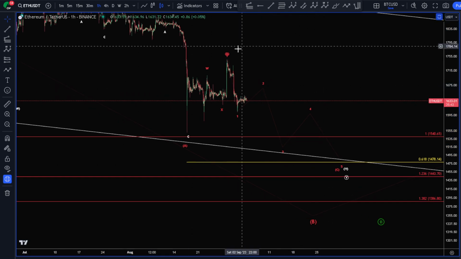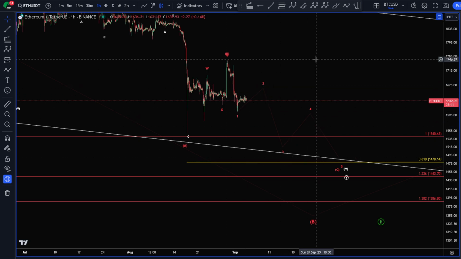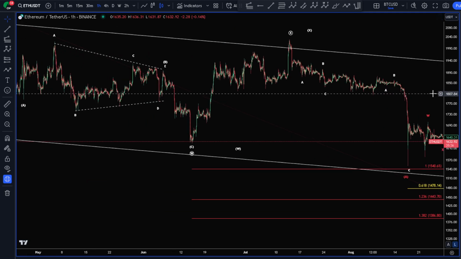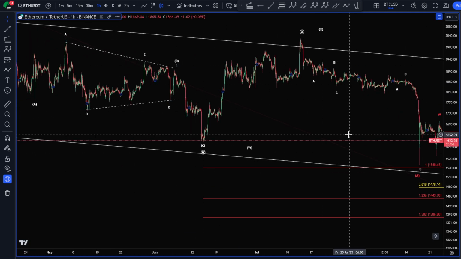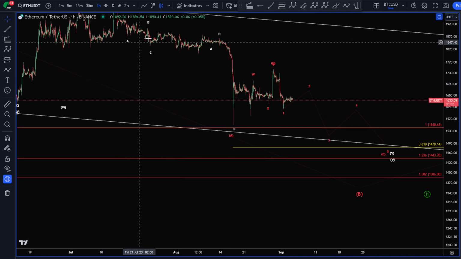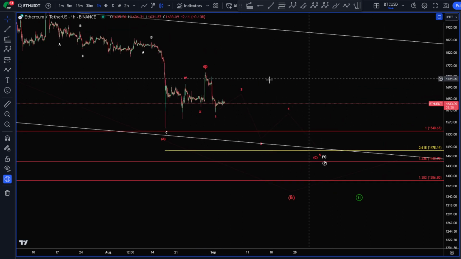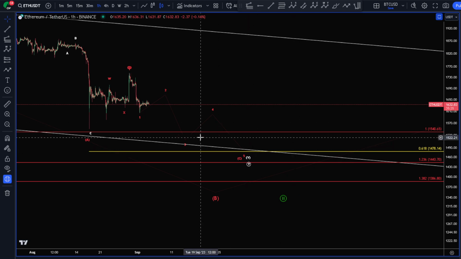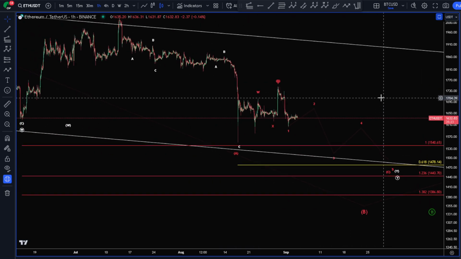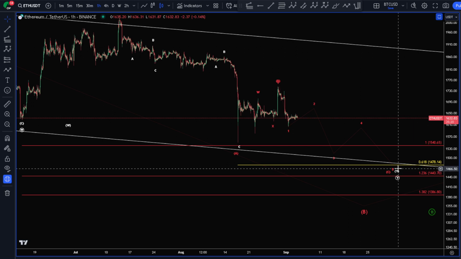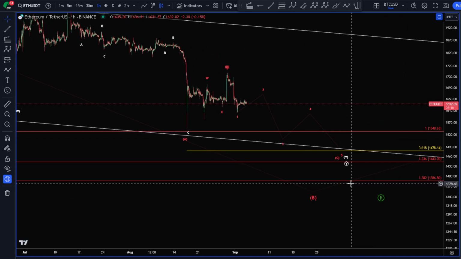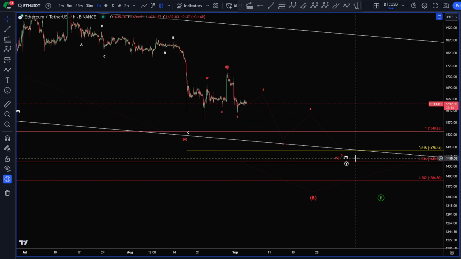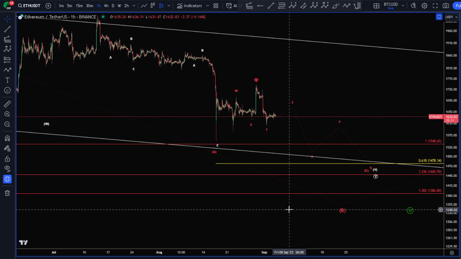And if we just got another zigzag here, A, B, C, then I'd have to adjust the counts a little bit, where this would be a zigzag W, a double zigzag X, and then we'd get another zigzag for a Z for a triple correction. Right now going with this, just have to hit 1478 on that level to complete. So a little bit past the 1-to-1, maybe the 1.236 gets us home.